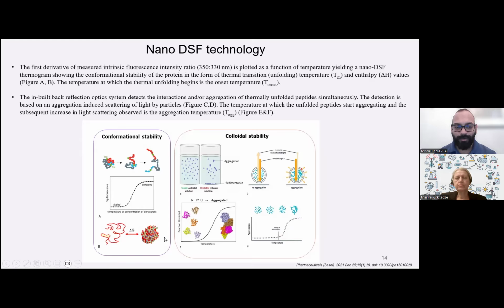So this is a very powerful technique in terms of telling how the protein is unfolding with increasing temperature, and at the same time, whether they are aggregating or not. You can see it distinctively, whereas in DSC, we can only guess from the fact that the baseline changes significantly after melting.